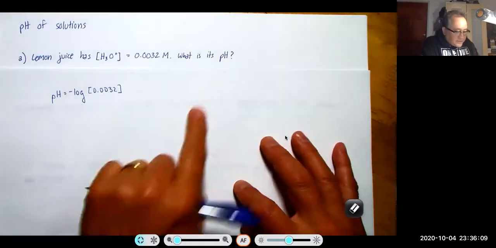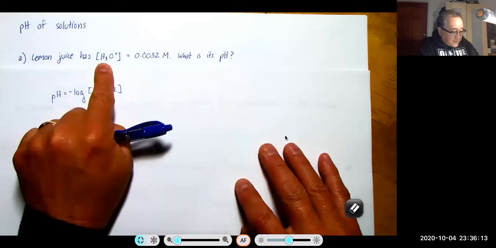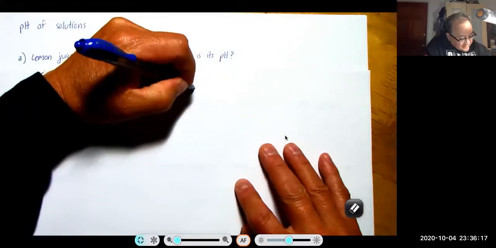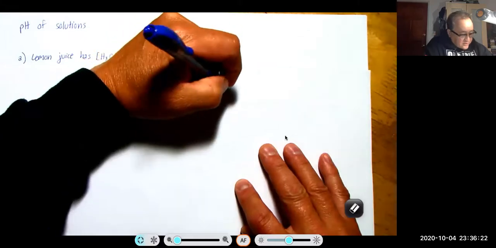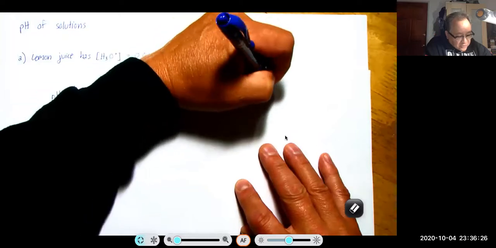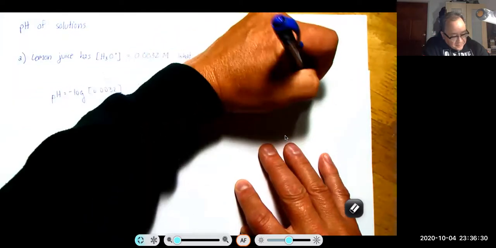That the number of digits after the decimal in the pH equals the significant figures here. So here we have 2 sig figs in the H3O plus. So we get 2 digits after the decimal in the pH.